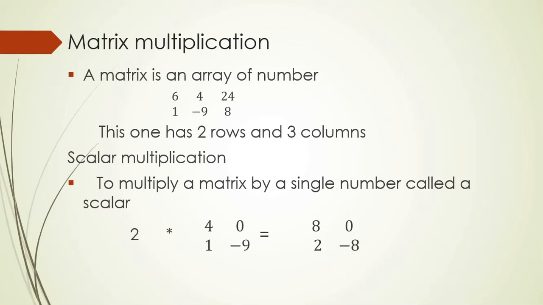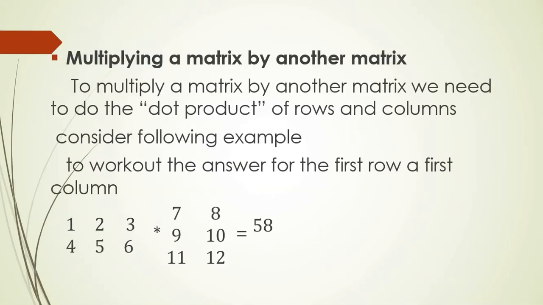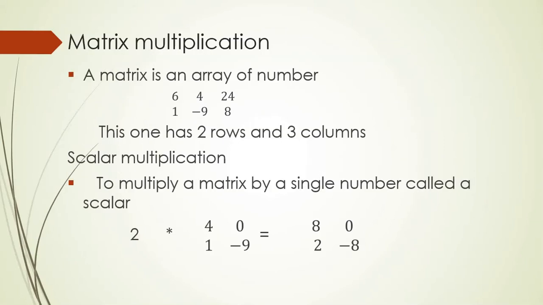There are two types of multiplication. The first one is scalar multiplication, where we multiply a matrix by a single number, called a scalar. Here 2 is multiplied to our matrix and we get a resultant matrix.